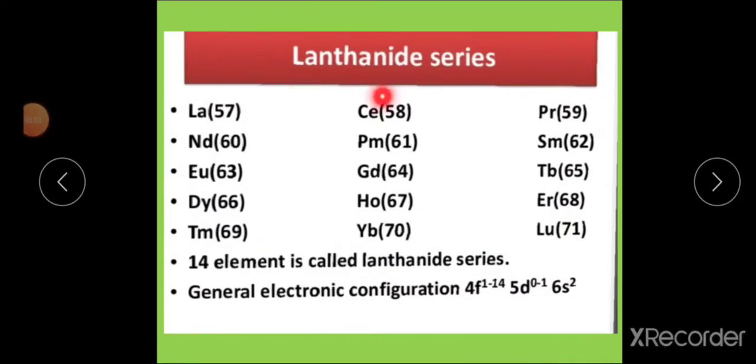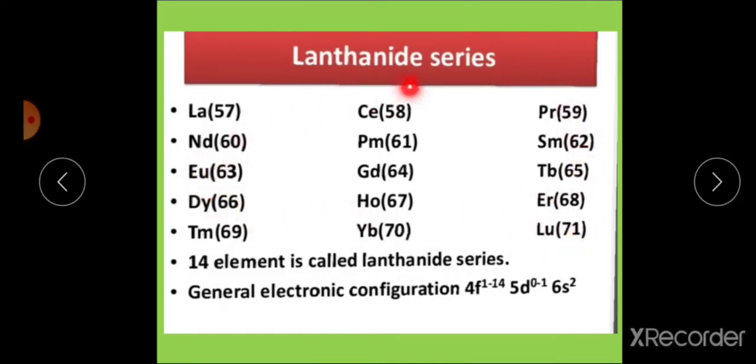First we see the lanthanide series. This series consists of elements from lanthanum with atomic number 57 to lutetium with atomic number 71. This series consists of 14 elements. After lanthanum, the elements cerium with atomic number 58 to lutetium with atomic number 71 are placed.